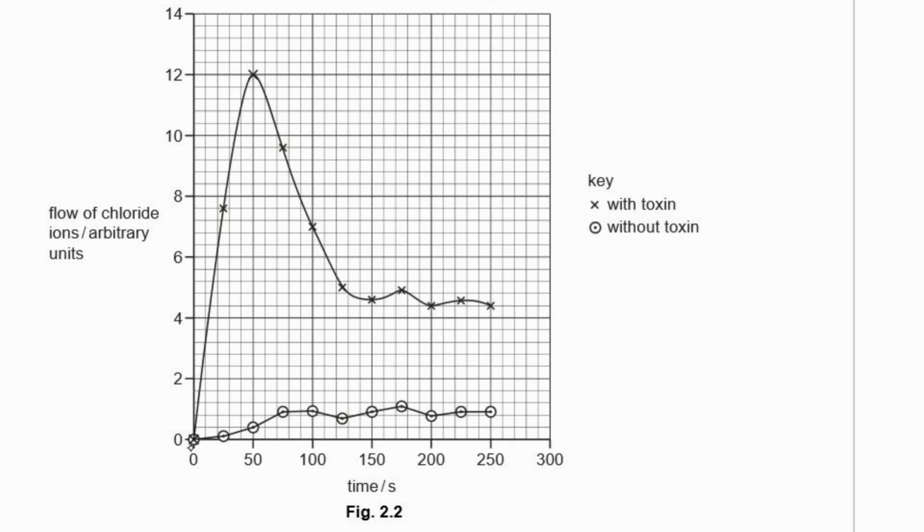But if there is a toxin, it means that chloride ions quickly go out of the cell, and you never get them quite back in the same way. All right, so here we have arbitrary units, and we have time in seconds. If you notice on this graph, there's two lines, and one of them is drawn with an X, one of them's a dot with a circle, and those are the only ways that they really like you to draw points on your exams.